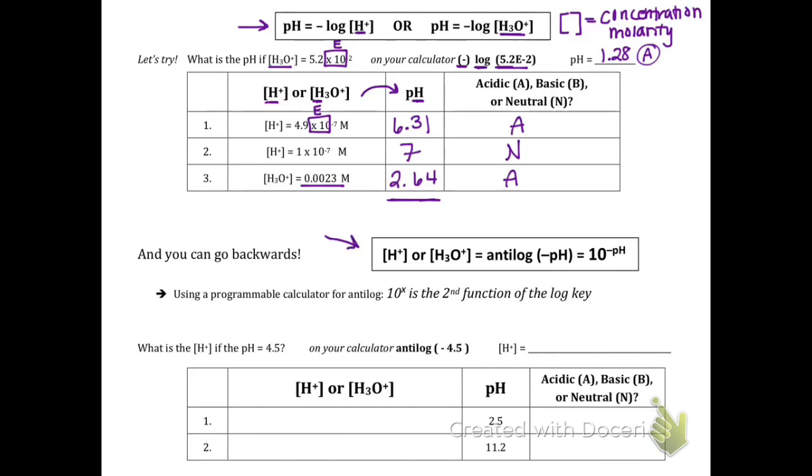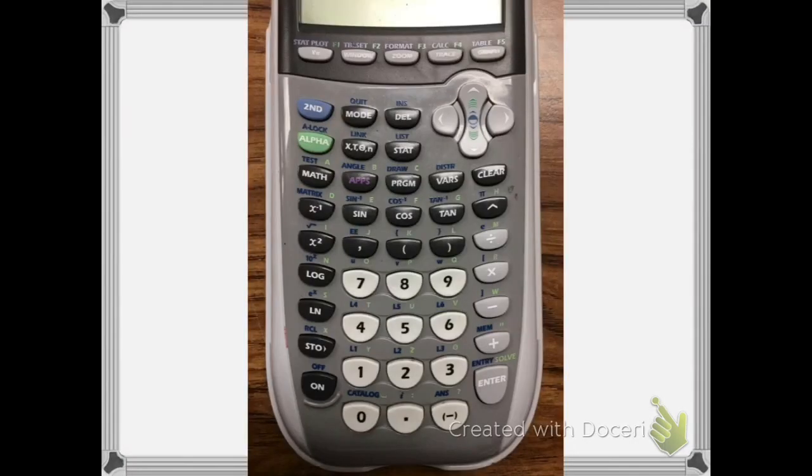There's another equation here where we use anti-log, which is 10 to the negative pH. So here, we want to go from pH back to concentration. The way that we do that is we use anti-log. Really quick on our calculator, anti-log is basically second log. So you're going to press second, you're going to press log, and that is going to be anti-log.